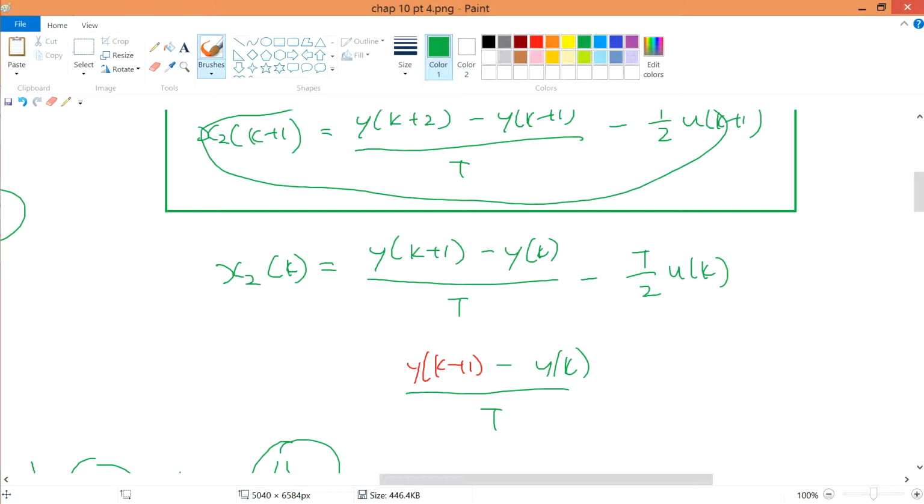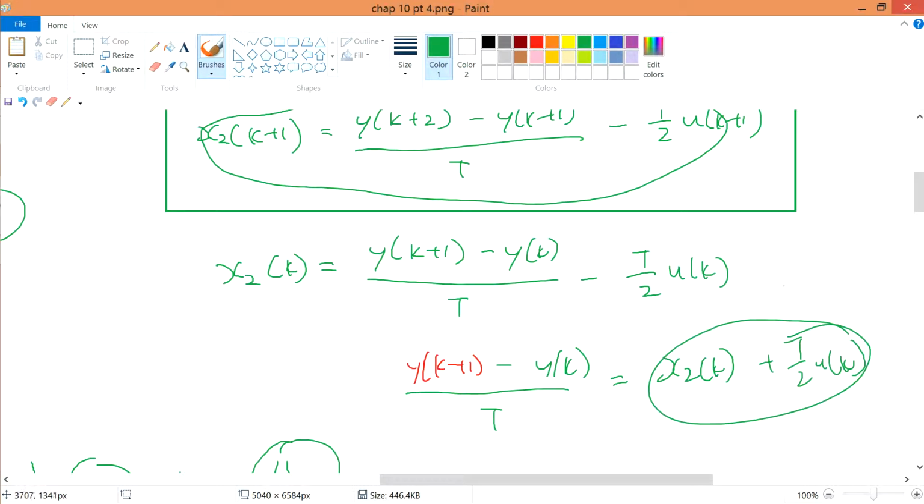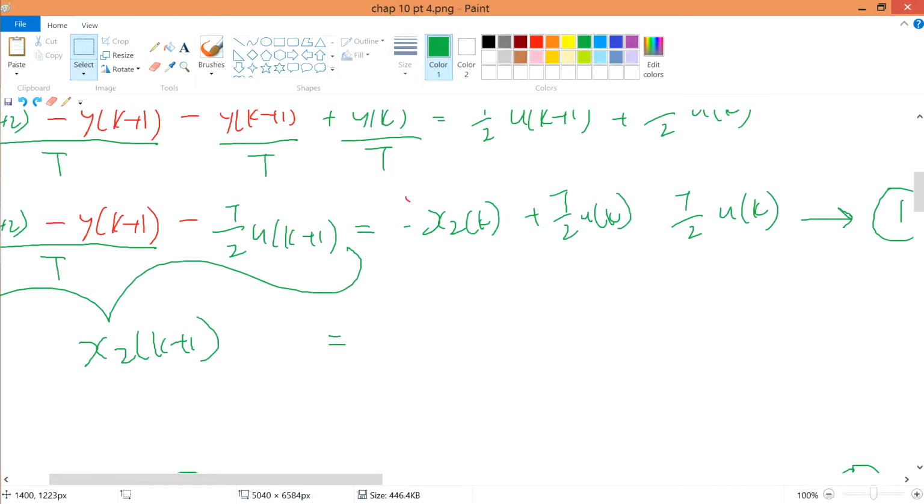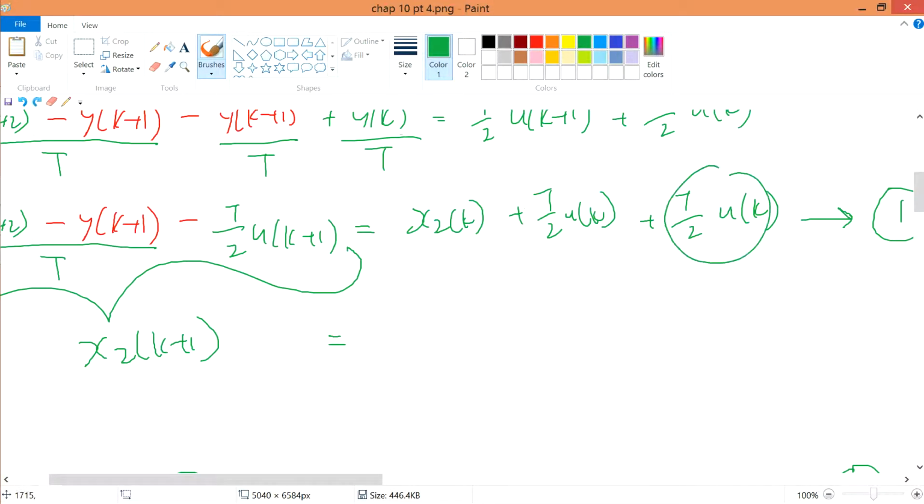So I can simply rewrite this stuff as equal to x2k plus t over 2 uk. So I'm going to sub in this thing over here as that one. Ta-da! So if I have t over 2 uk plus t over 2 uk, I would have t uk, and this thing over here I'll have x2k.